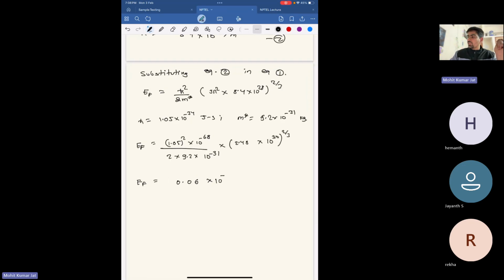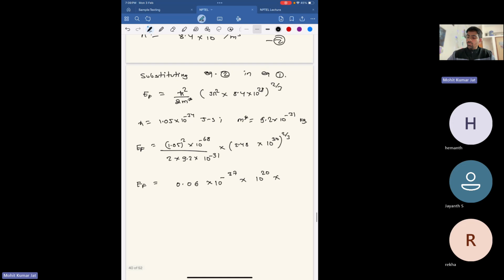If I subtract 68 minus 31, that will be 37, and this will be 10 power 20. And 2.48 to the power 2 by 3 gives me 1.83.